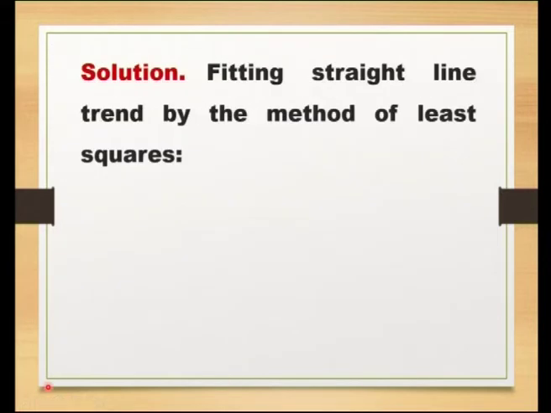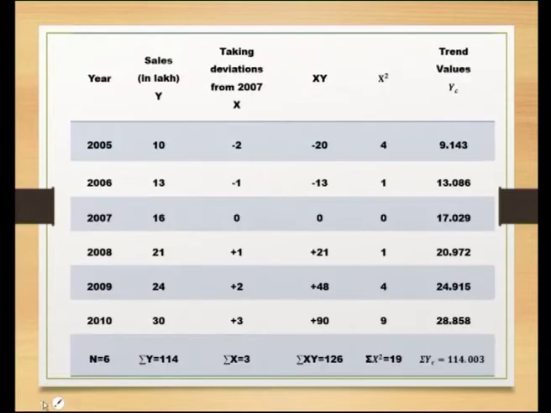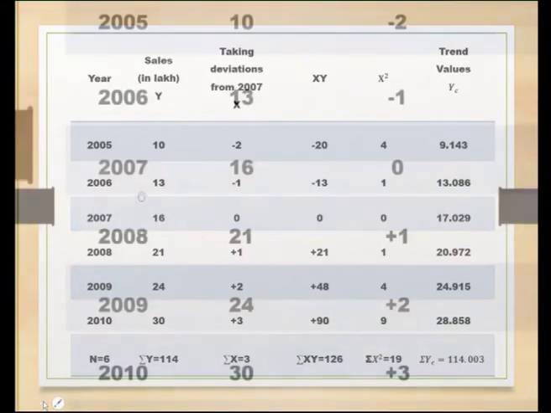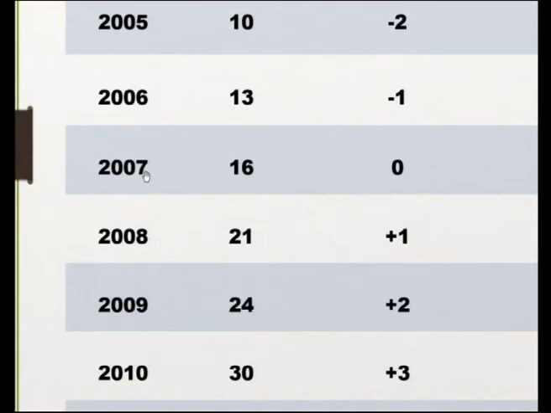Fitting straight line trend by the method of least squares, first take the value 2005. The corresponding sale value is given to be equal to 10 lakhs. So, 10 lakhs is just written as 10.